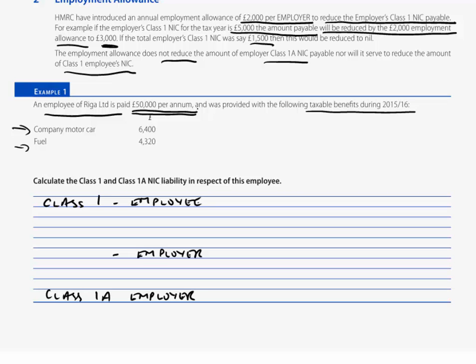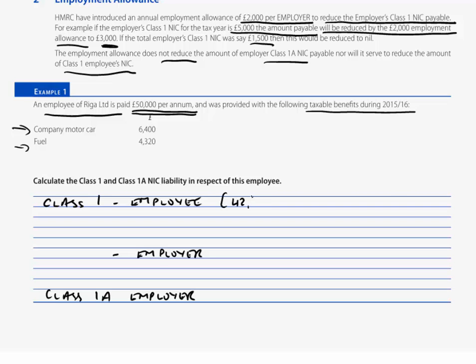Now, so far as the employee is concerned, we've got a lower limit below which we do not pay of £8,060, and then an upper limit at which point the level changes from the standard 12% to the reduced rate of 2%. So nothing up to £8,060. Now we've got a salary of £50,000 that goes above the upper limit of 42,385.